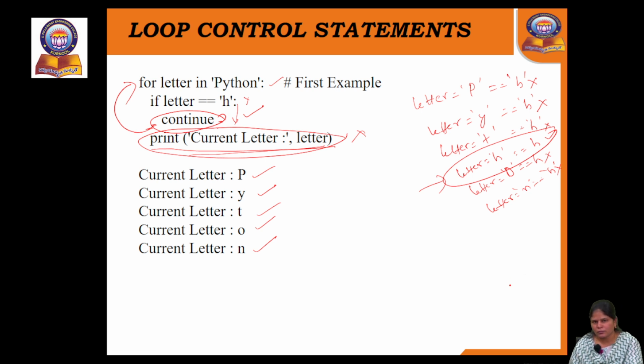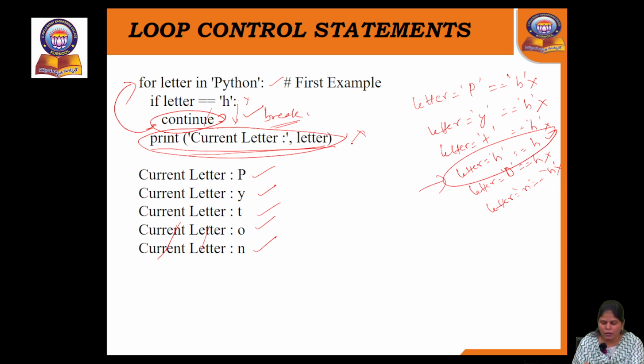Right? So in the same way, if I keep a break here, what happens now? If I keep break, automatically after the T, these two will not be executed. These two will not be printed. So that means if the condition is true, the interpreter will encounter the break.